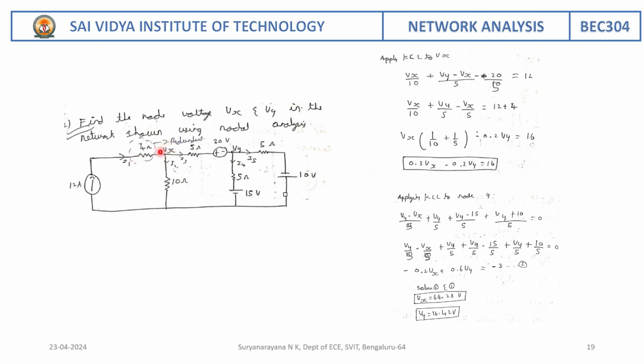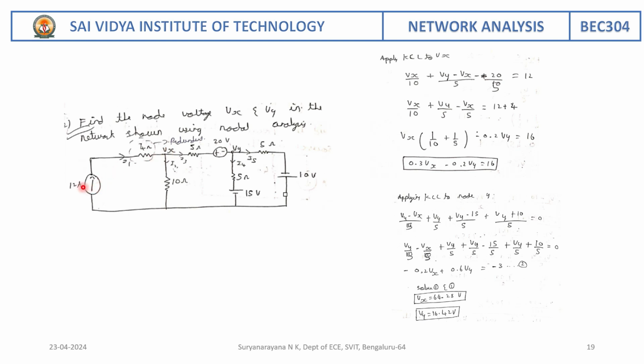So the KCL equation we are going to write at Vx. So 12 ampere is entering, and here I am going to see 20 volts in series with 5 ohm. So use voltage to current source transformation, that is 20 by 5 is 4 ampere entering into this node.